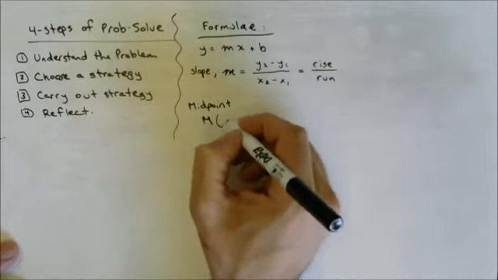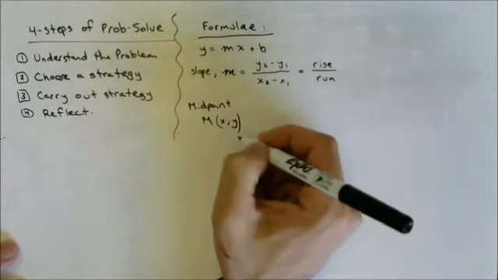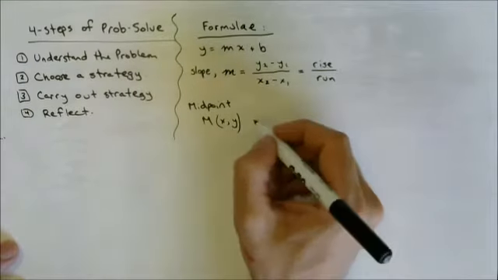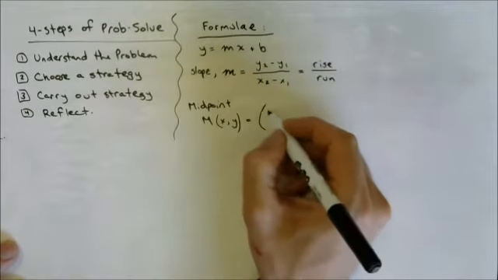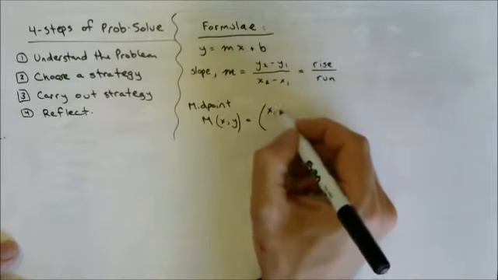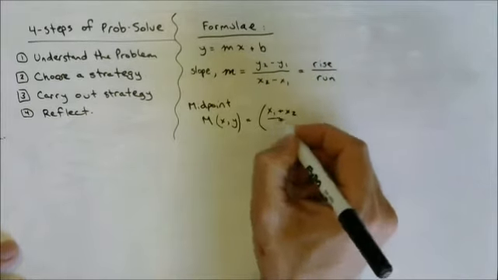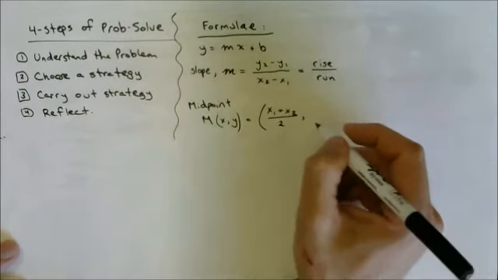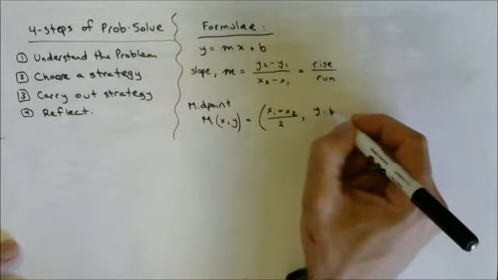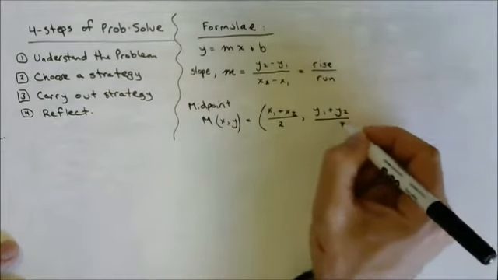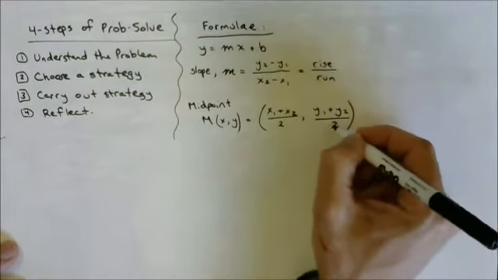We've also learned the midpoint formula. The midpoint of any line segment, the coordinates are: you take the average of the x coordinates and the average of the y coordinates. Now, for memorization purposes, be careful.